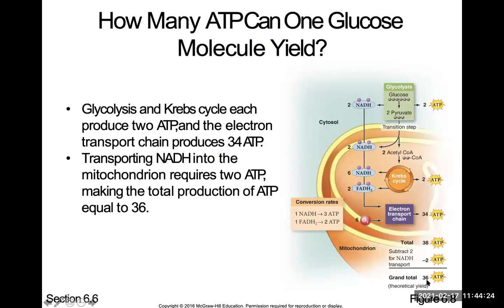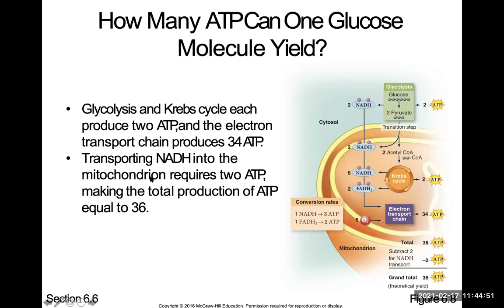Here it says 36. The reason for that is that the NADHs from glycolysis need to be carried to the electron transport chain. So the total was 38, but 2 of them were used to carry these NADHs and FADH2 to the electron transport chain. Glycolysis and the Krebs cycle each produce 2 ATP, and the electron transport chain produces 34.